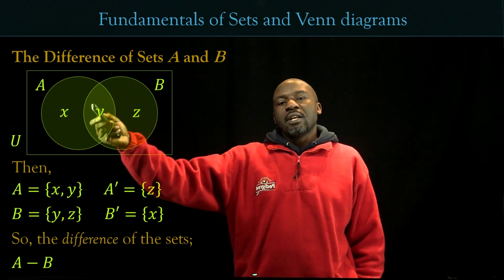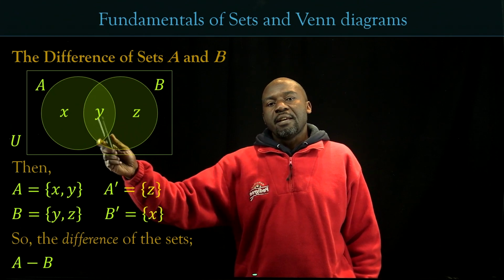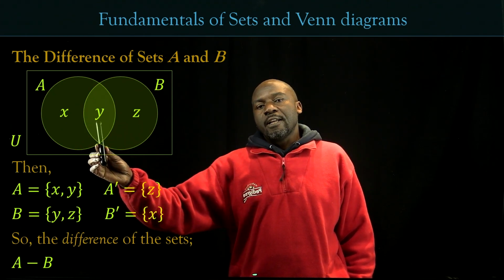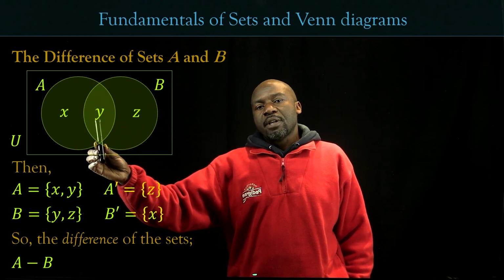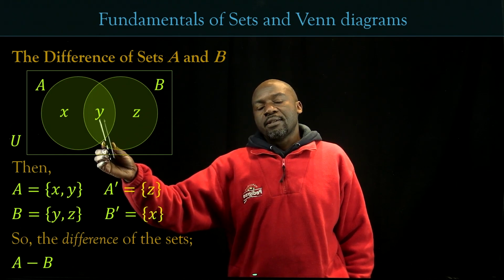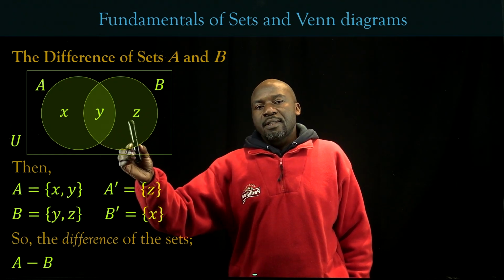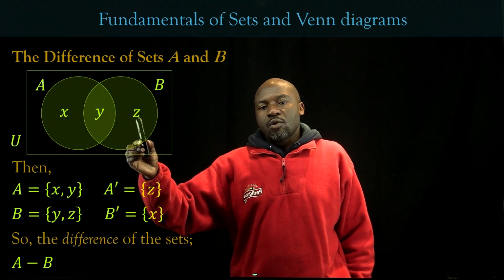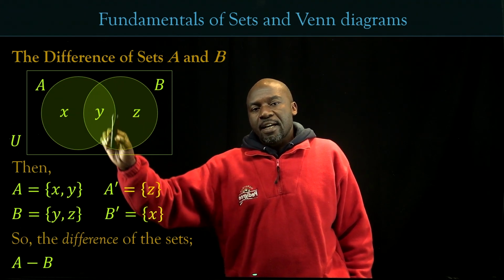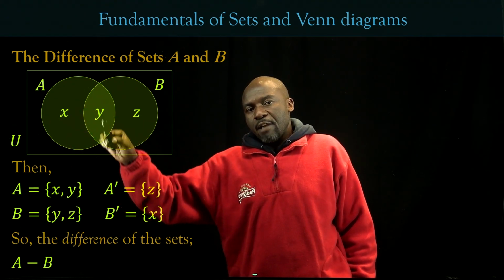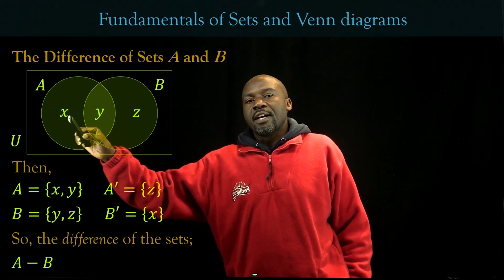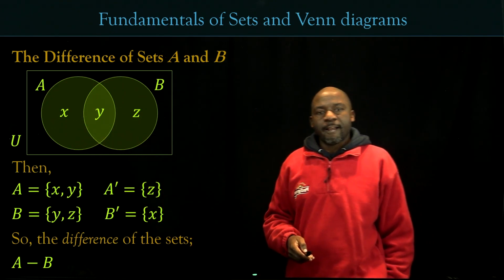So if you look at this, which are the elements that are in A but not in B? Well, clearly Y is in A but also in B, so Y does not qualify. Z is not in set A. So we want only the elements that are inside the set A but not in set B, and that leaves us only with X there.